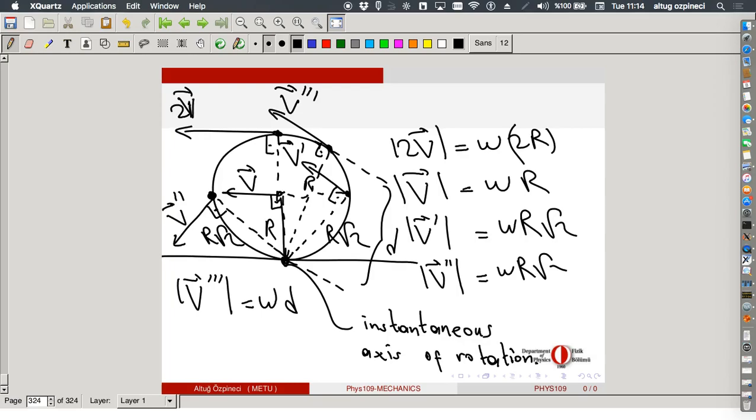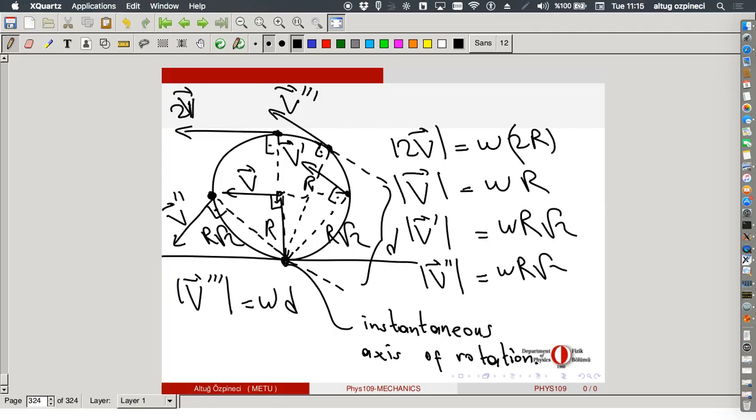So at that point over here, our object is, at that instant, rotating around that point. The angular velocity, by the way, is the same. The angular velocity of the object around the central axis was omega. Now it's rotating around this axis with the same angular velocity, not a different one.